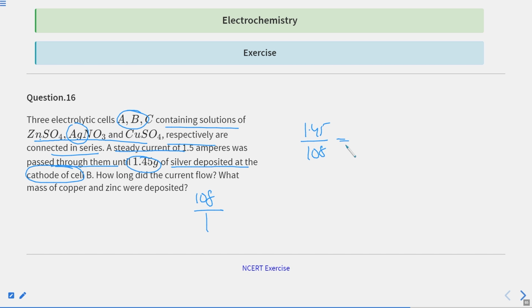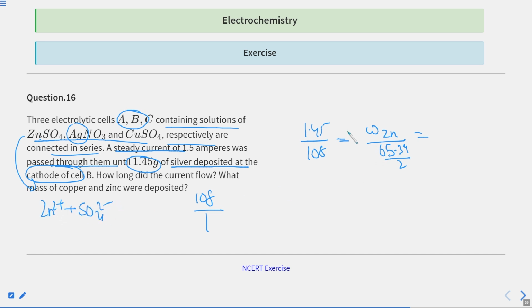So we know the second law of electrolysis. This will be equal to the weight of Zn divided by the equivalent weight of Zn. So molar mass of Zn is 65.34 divided by 2. That is the n factor, because ZnSO4 will dissociate into Zn2+ and SO4 2-.